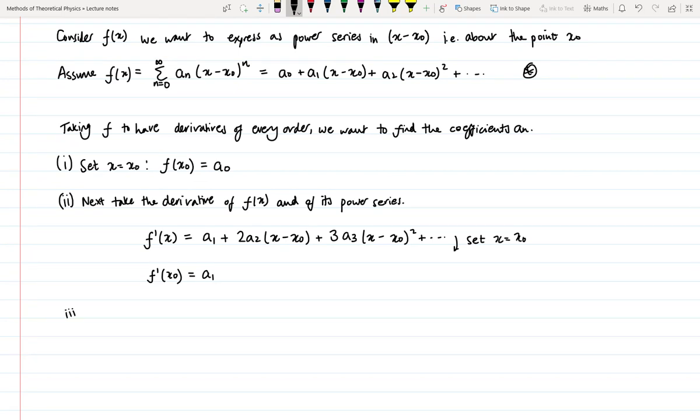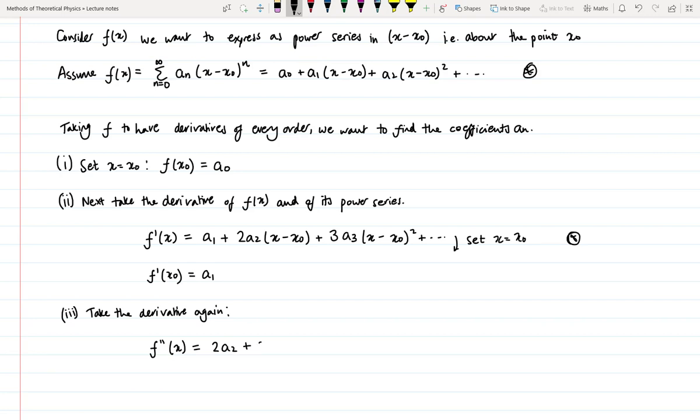Let's repeat this procedure once more. You can probably see what's going on now. If we take the derivative again, the left-hand side is going to be the second derivative of the function f evaluated at some point x. Now, looking at this line here, the first term on the right-hand side, a1, its derivative is 0 because it's a constant. The term after that is going to give us 2a2.